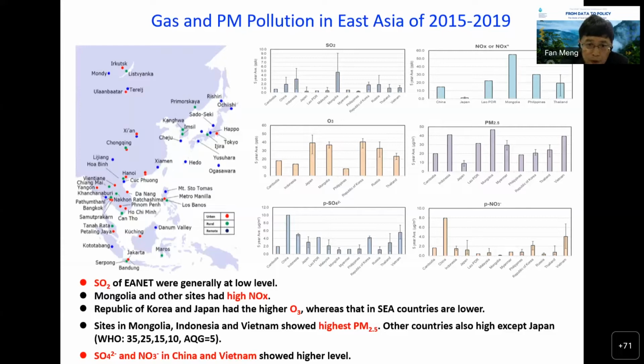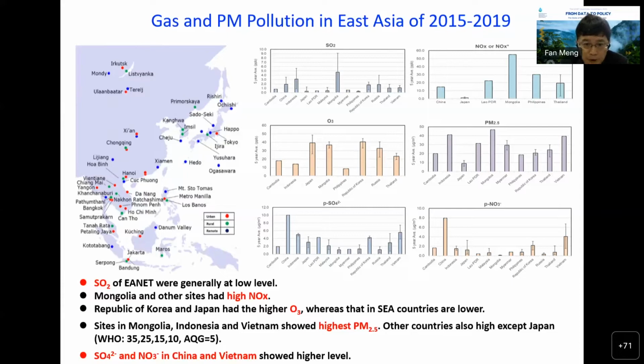For ozone, you can see the yellow one. It's very interesting. Korea and Japan have high ozone, and other regions like Mongolia and Russia also have higher ozone than other less polluted regions. This means ozone involves more complicated processes, the chemistry or the background concentration.